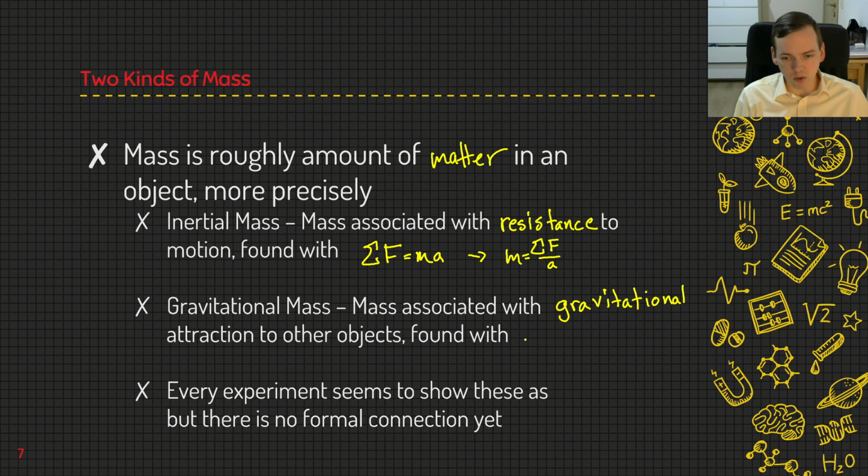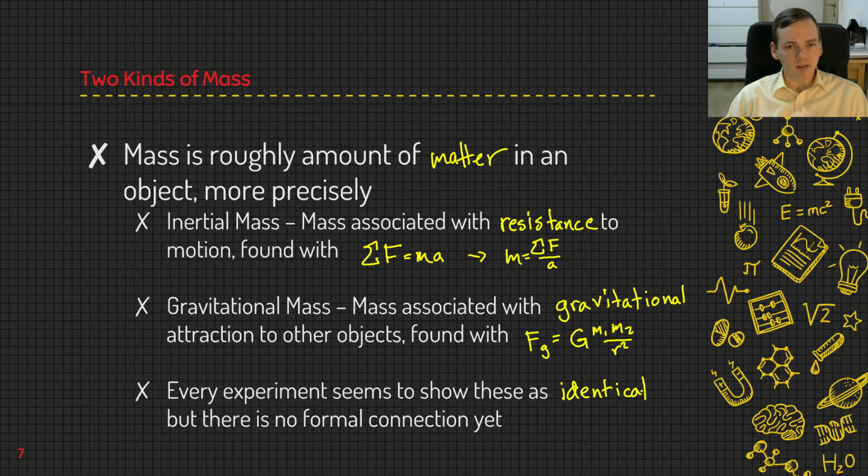So if we use Fg equals G m1 m2 over r squared, rearrange, and solve for one of the masses, that will give us another way to calculate mass. Every single experiment we've done seems to show these as identical, meaning gravitational mass is the same thing as inertial mass.